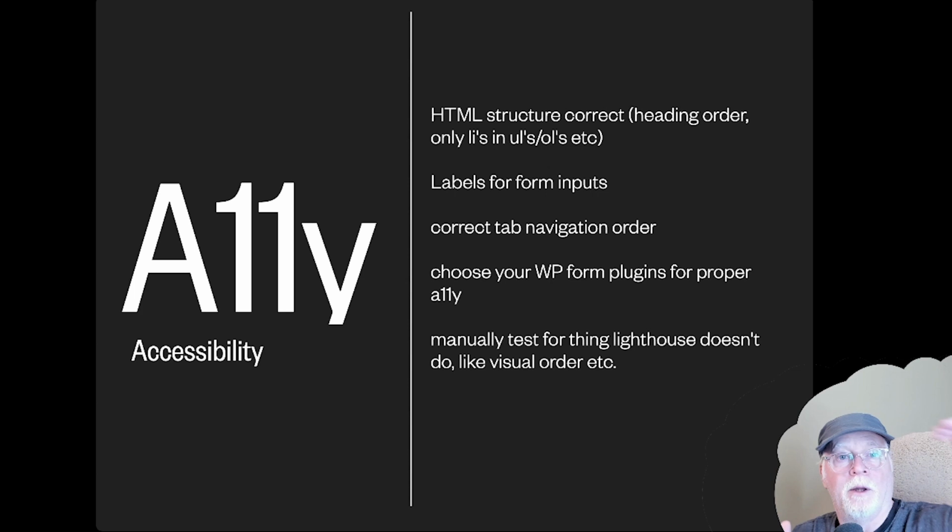You have a newsletter sign up form on the top and on the bottom, and it's the same ID, the same form from WP Forms that you've just plugged into the page. A tab user could theoretically tab to the wrong submit button and get confused. There's lots of other things to manually test for there.